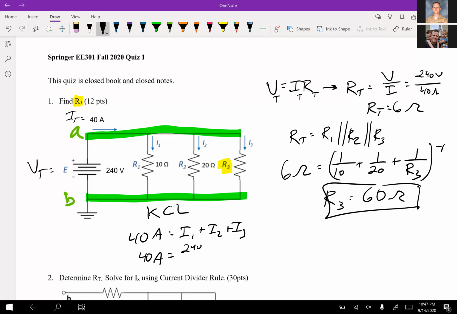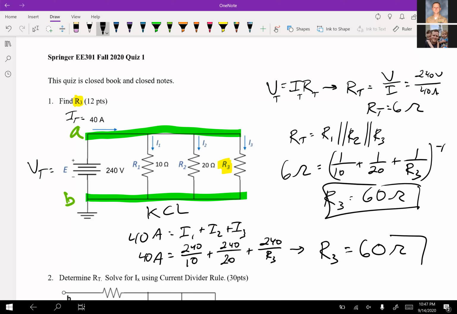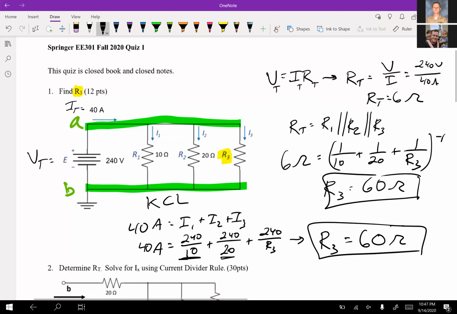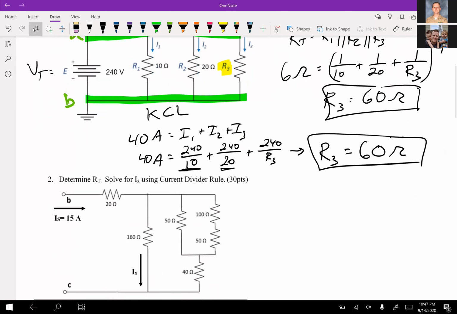I1 is 240 over 10, I2, same voltage, 240 over 20, and we have 240 over R3. Do the math: subtract the 24 and the 12 from the 40, rearrange the equation, and you get R3.